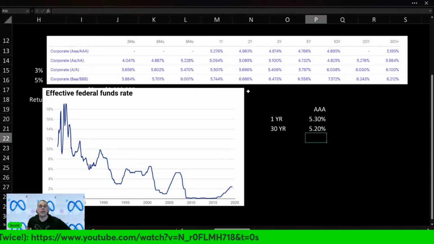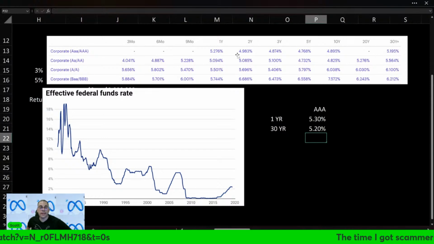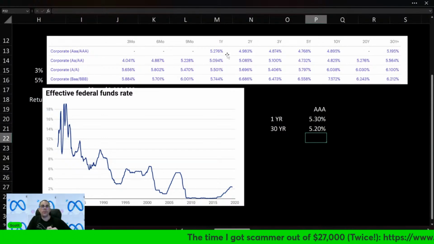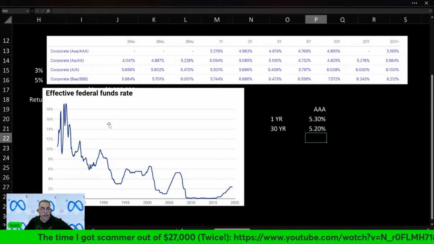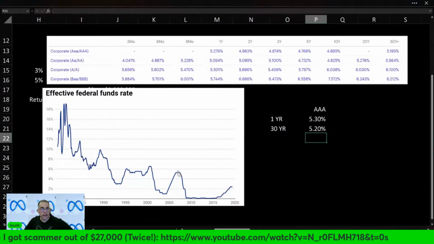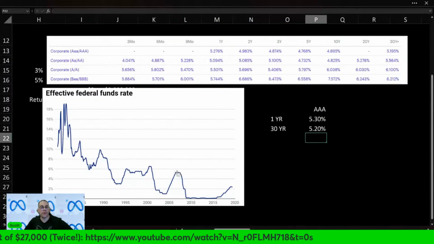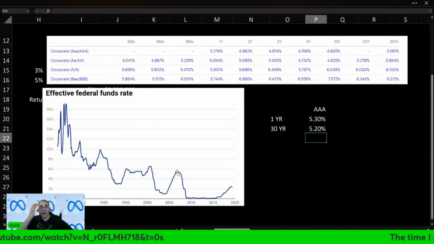Because if it's lower, which it is, in theory, you can buy the 1 year, just keep rolling the 1 year. The problem is, like right now, rates are probably here. Fed funds rate is, I think, 5.3%. This is 6, right? It's right here.